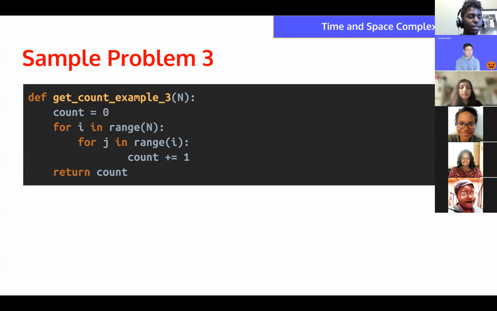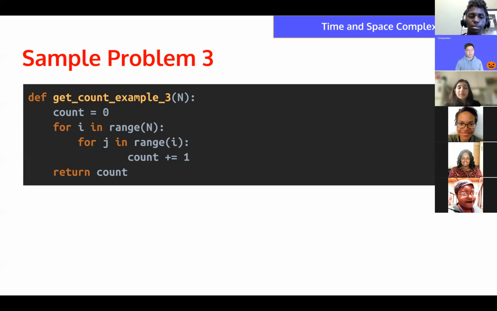Yeah, but i is increasing every time, so I'm not sure how to model that. Yeah, so i is dynamic, right? It gets updated each time the outer loop goes to the next element. So how should we model that? Is that i factorial? It is not i factorial.